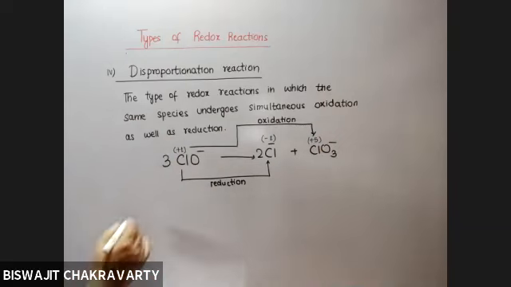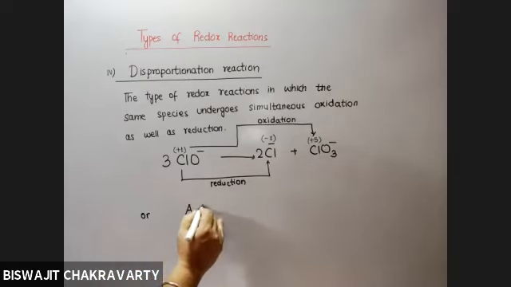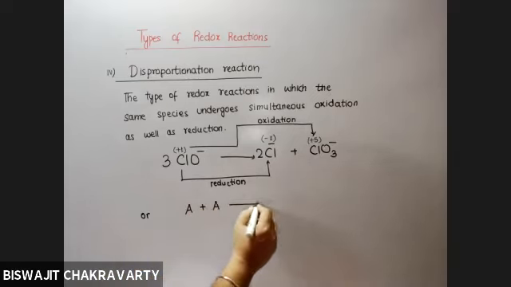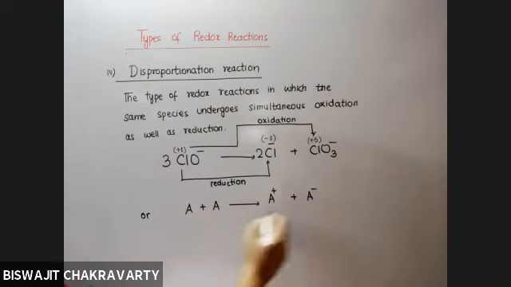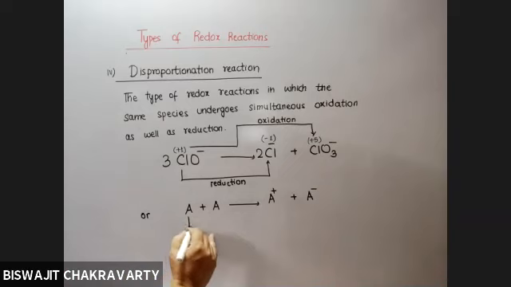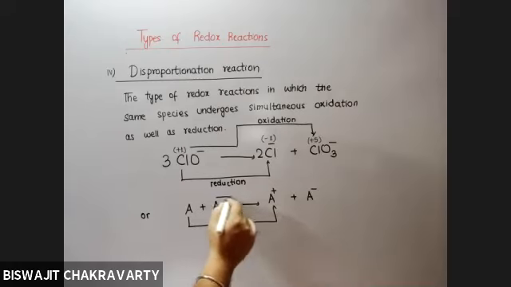So we can say that if you want to generalize this type of reaction, I can say that if there are two species A plus A, then one will be oxidized and the other will be reduced. Isn't it? Yes, sir. So this is undergoing oxidation and this is undergoing reduction.